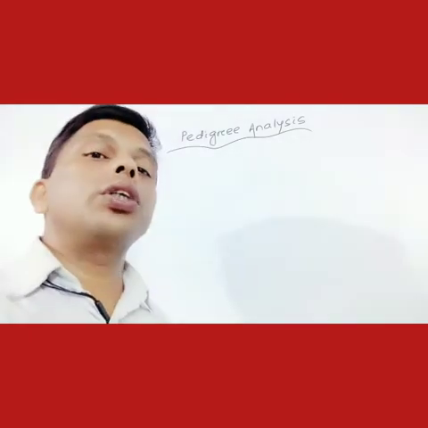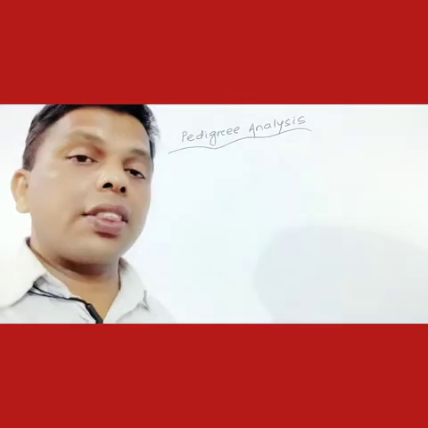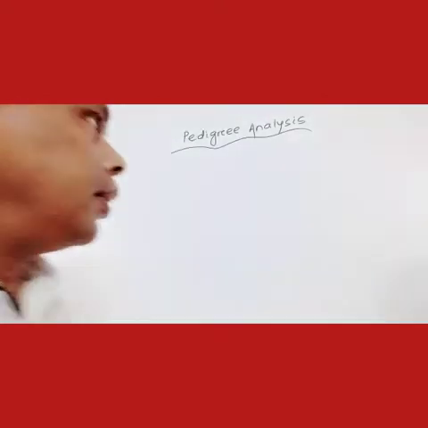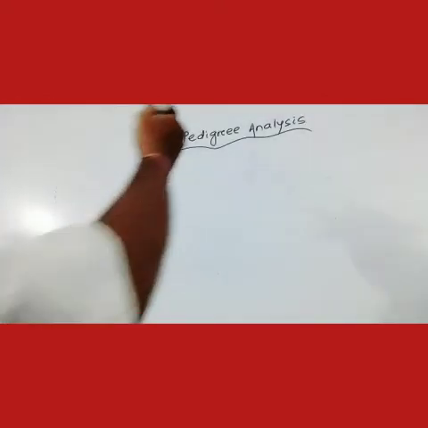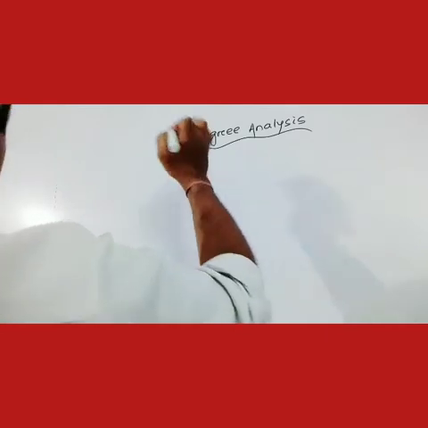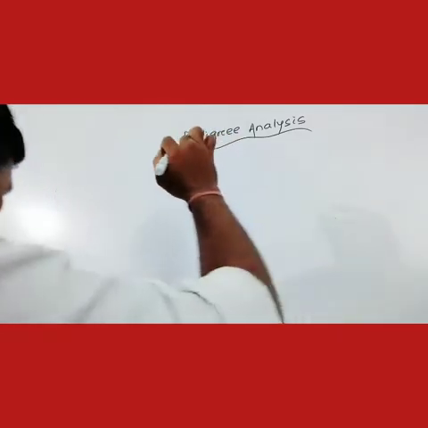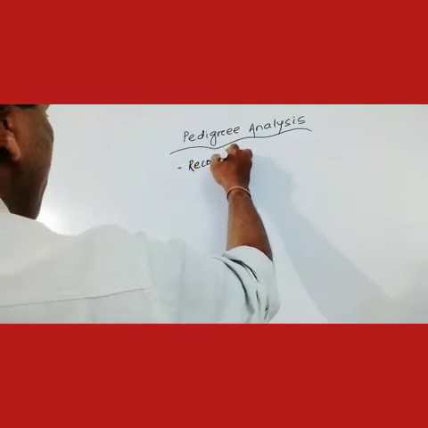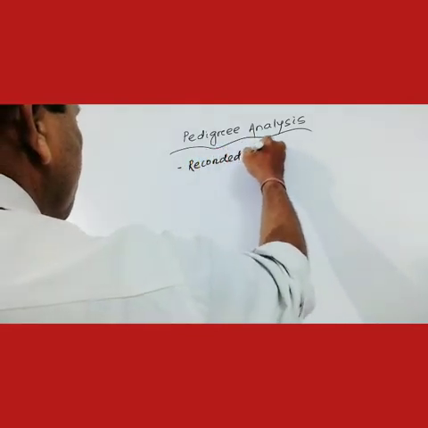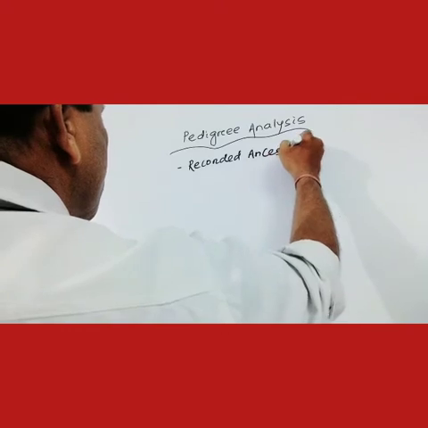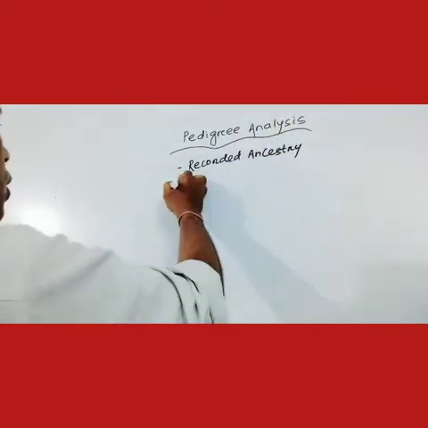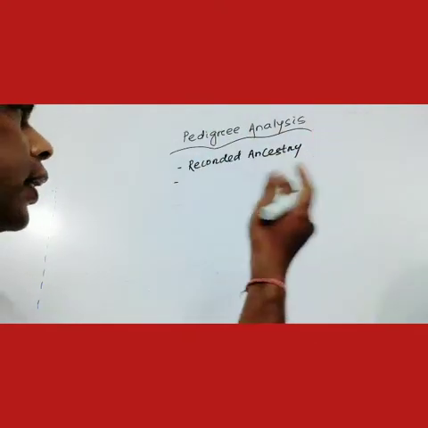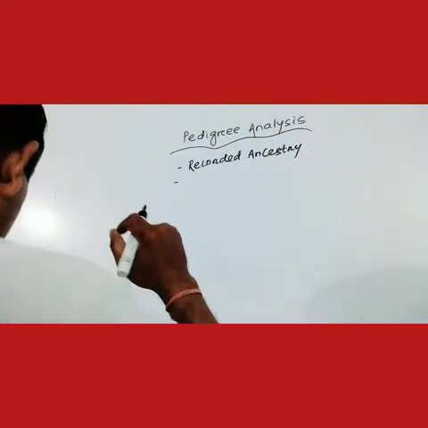First we have to discuss what pedigree is. Pedigree means recorded ancestry. That means the characteristics which are transmitted from one generation to the next through the genome.